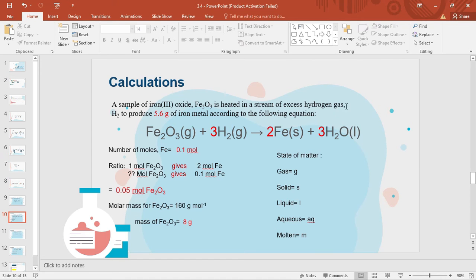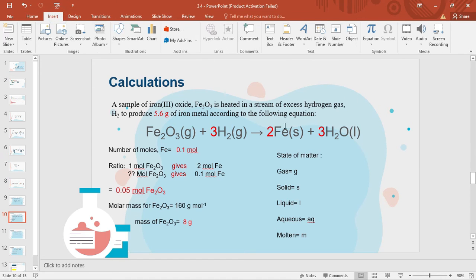Another example, let's say NaCl, the salt in our house, we see in the form of solid. Oxygen gas. Hydrogen also gas.